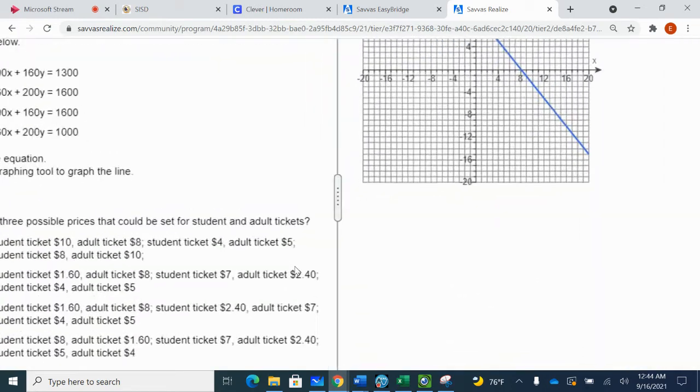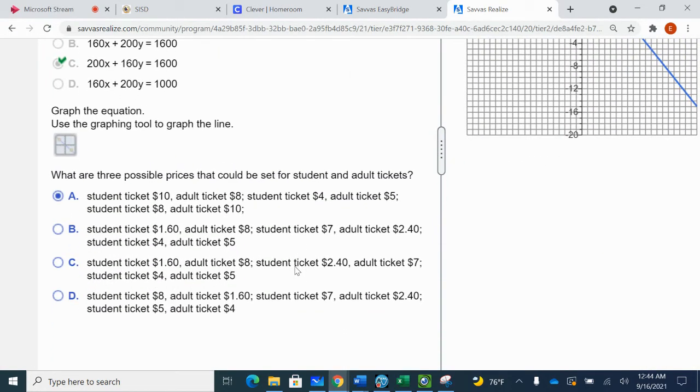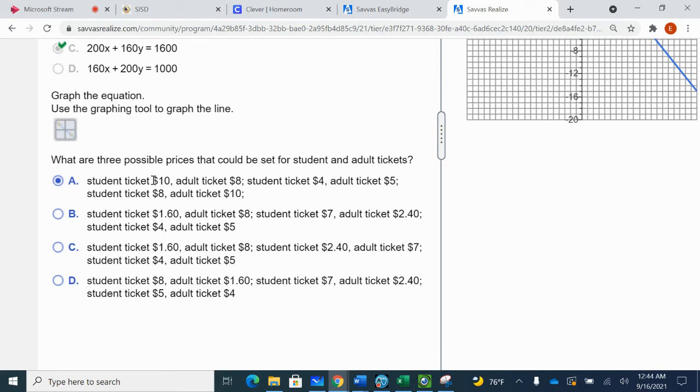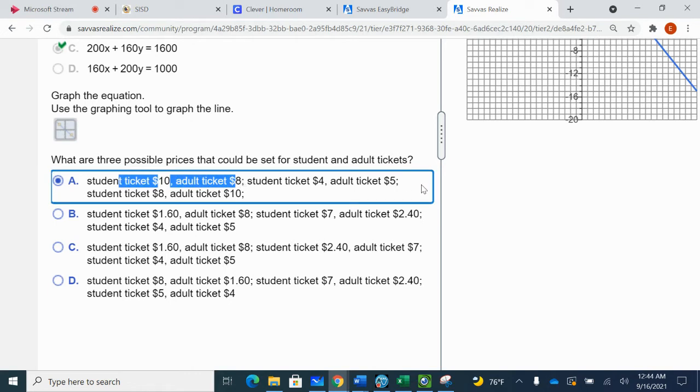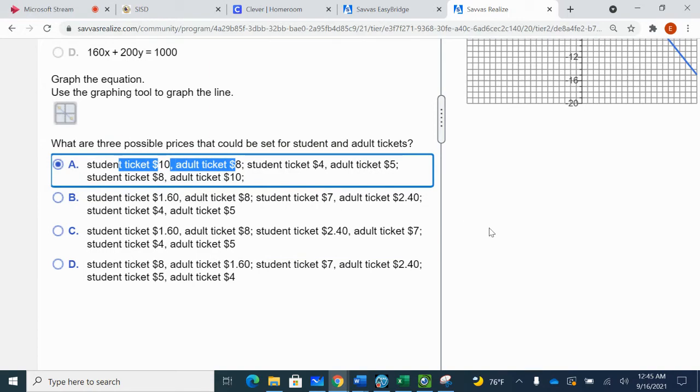Okay, I don't know what they're doing here, but let me see. 10, 8, 4, and 5. It's not this one. It can't be this because that point is not on it, right? When student tickets are 10, adult tickets. 160 and 8.